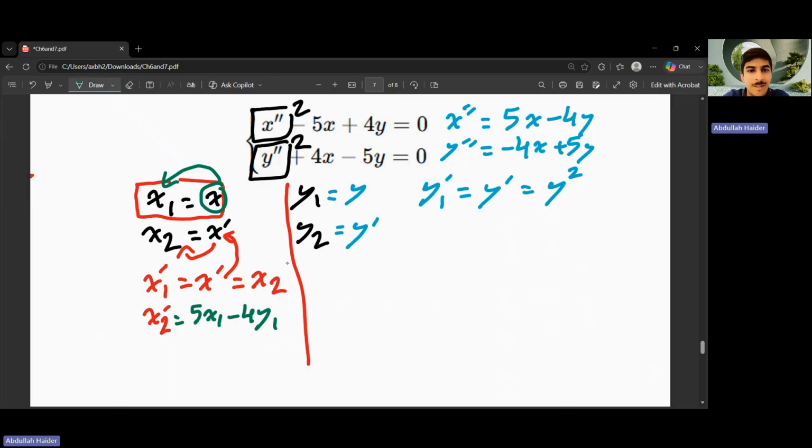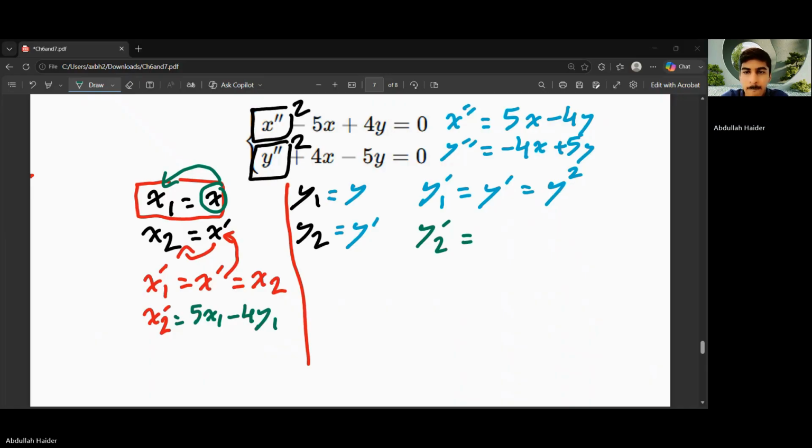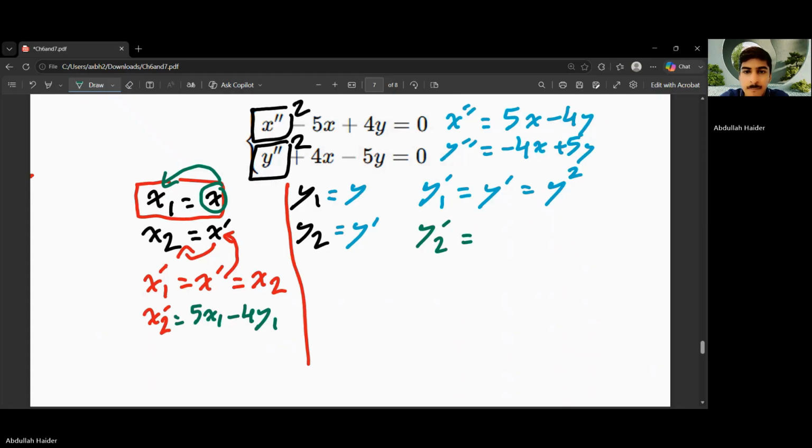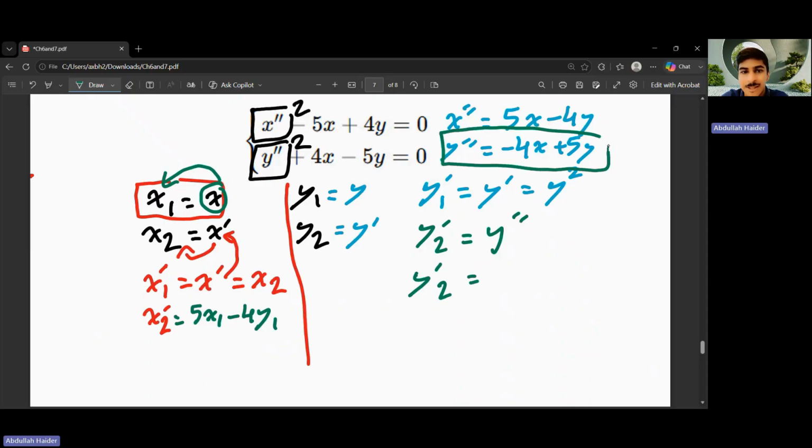So we found our x1 prime, x2 prime. We need to find our y2 prime. y2 prime means basically your double derivative of y, and this means that y2 prime is this equation, but using our x1 and y1.